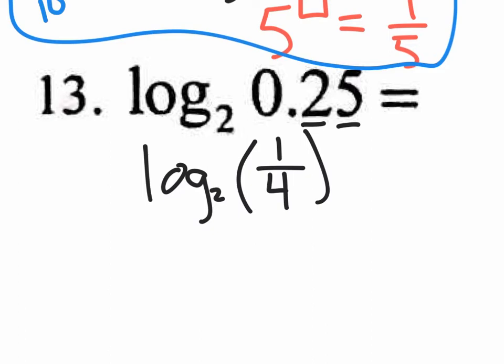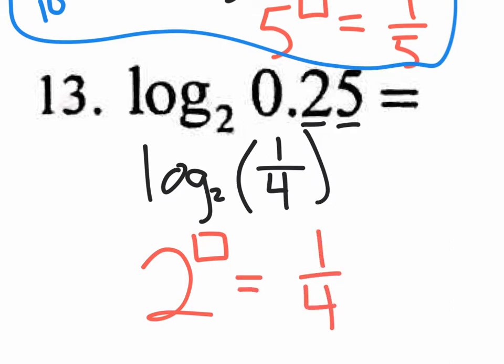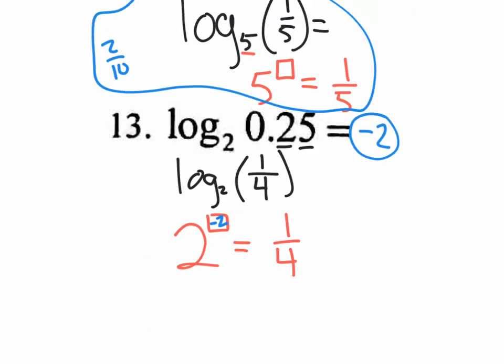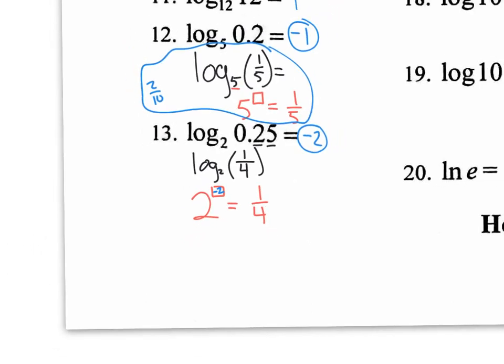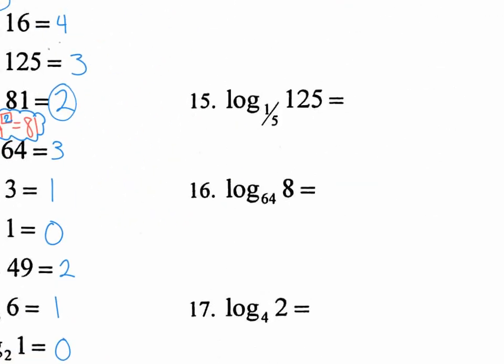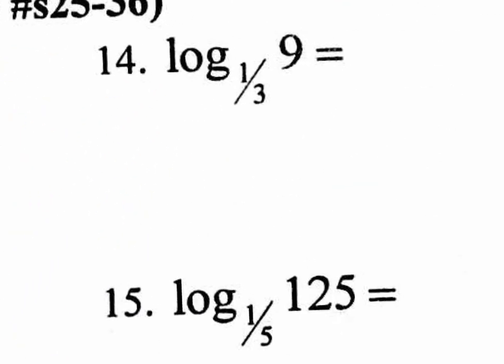So if I think about exponential form, you have 2 to what power gives me that number 1/4? That's right, the answer is -2. So over here the answer is -2 and we're done. You see, it's easy. Let's look at something more fun. Yes, it gets more fun.